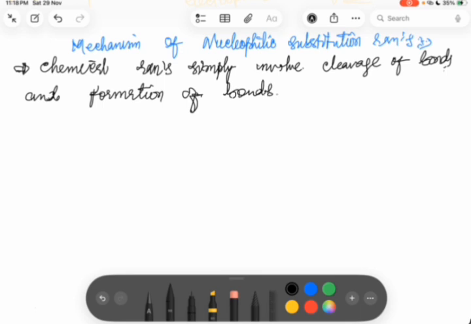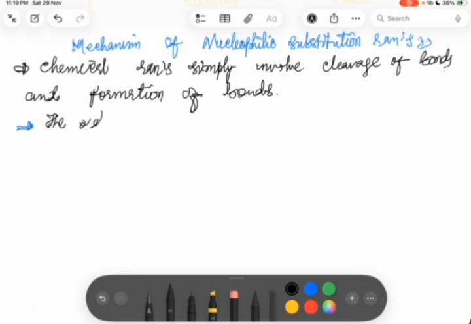That means chemical reactions involve breaking of bonds and making of bonds. The order or the sequence in which formation of bonds and breaking of bonds occurs in a chemical reaction is known as mechanism of a reaction.